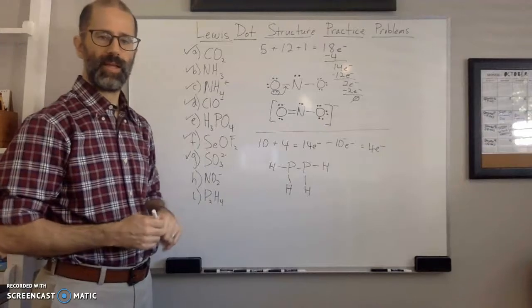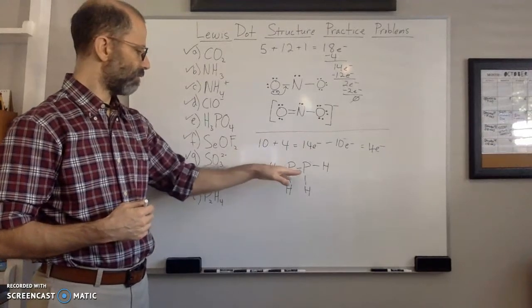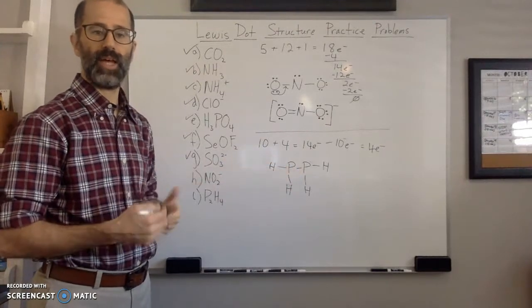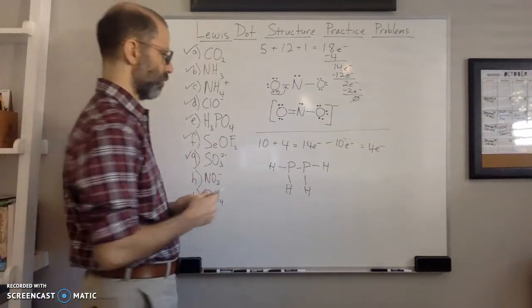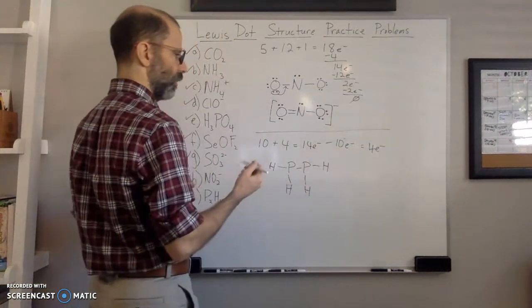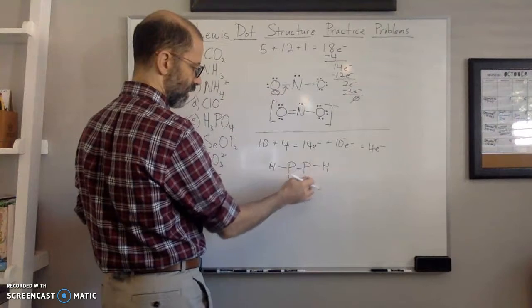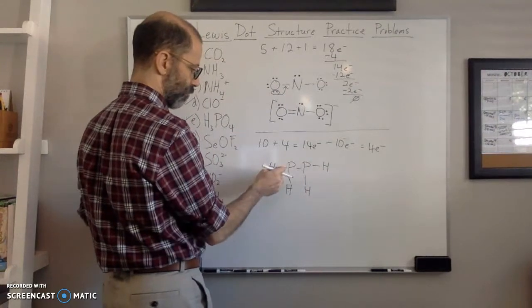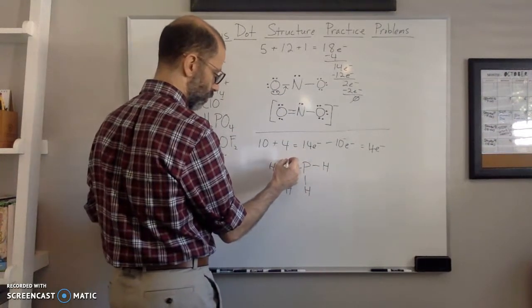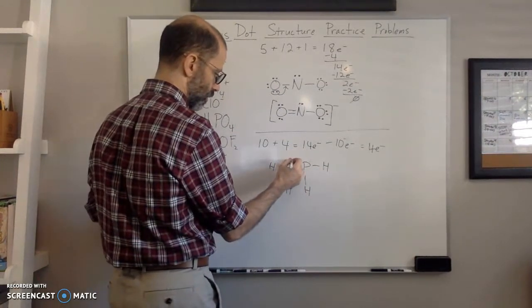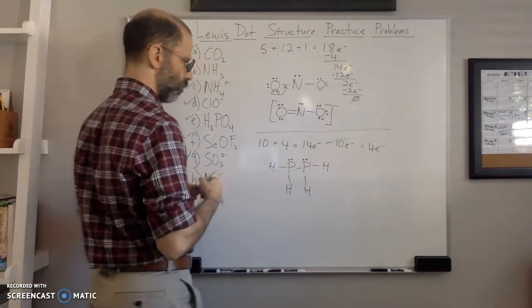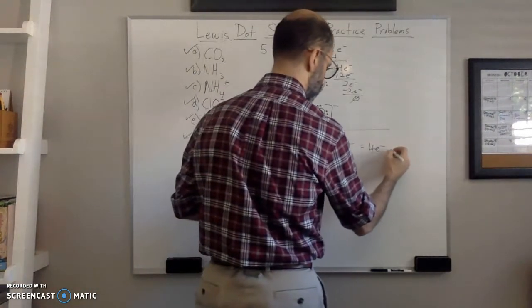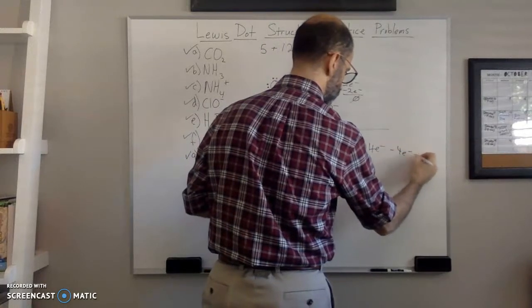And then what about the phosphorus atoms? We need to give them lone pairs until they have their octet. So we have 4 electrons. Each of these phosphorus atoms have 3 bonds, but they need 1 more set of electrons. So we're going to give each of them a lone pair. That takes care of the 4 electrons.